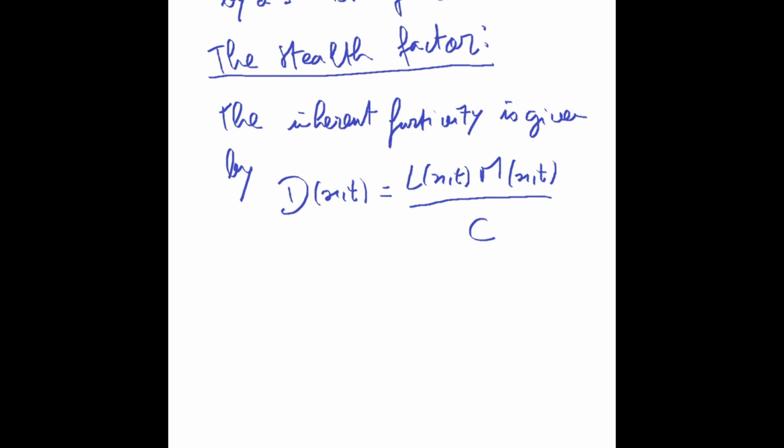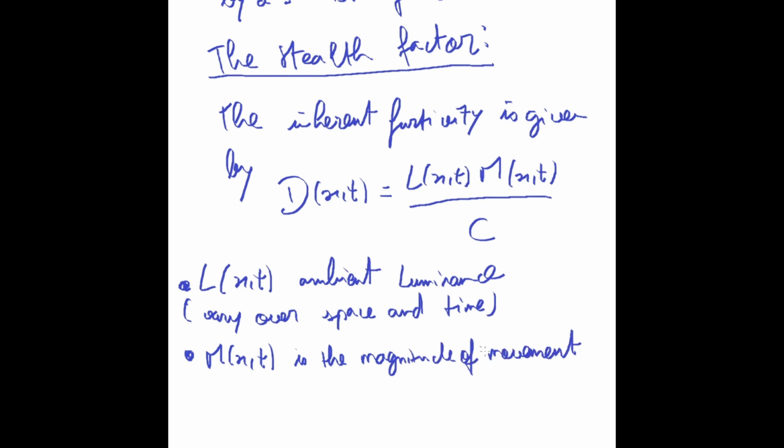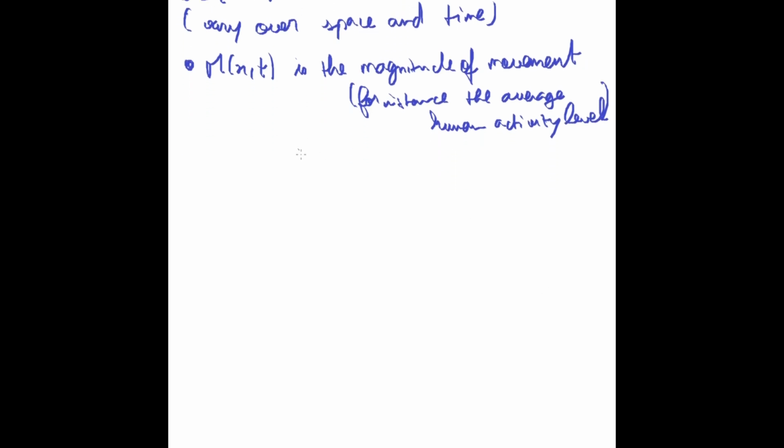L for luminance, M for movement, and C for camouflage. m(x,t) is the magnitude of movement, for example the average human activity level. And C is a constant representing the natural camouflage efficiency.